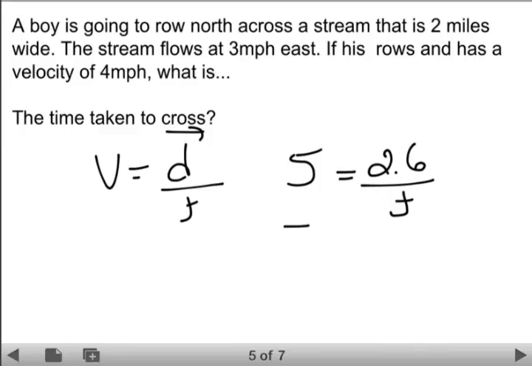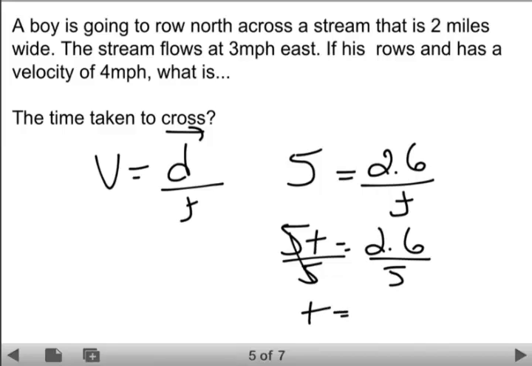To solve for this, you end up with 5t equals 2.6. Divide by 5 to isolate the t. And then t is going to equal, sorry, just using my calculator here, about 0.5 or 0.52. Now what units is that in? Well, our velocity was miles per hour.